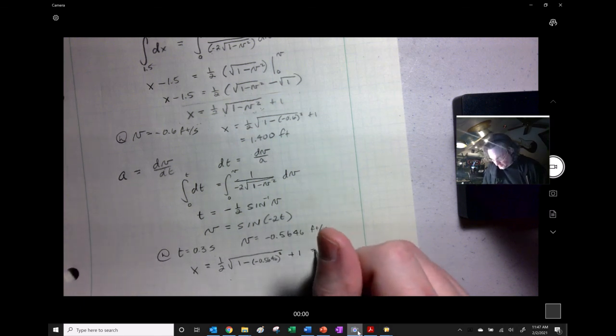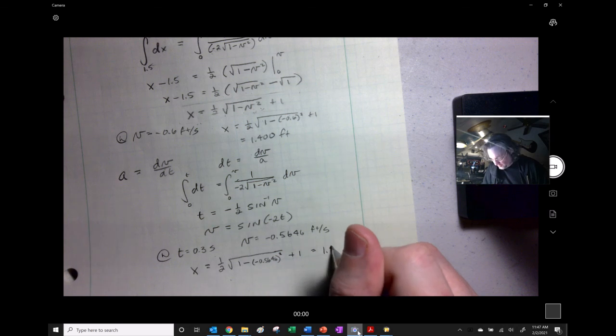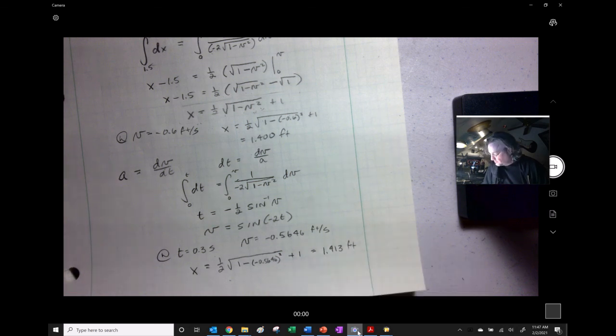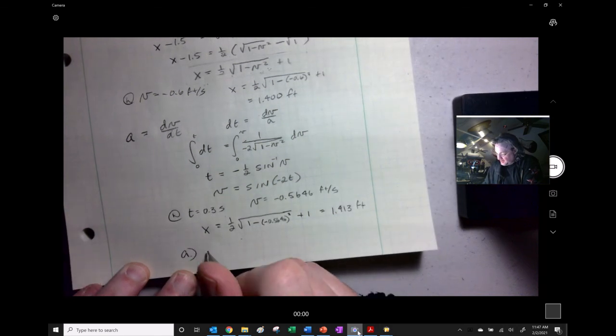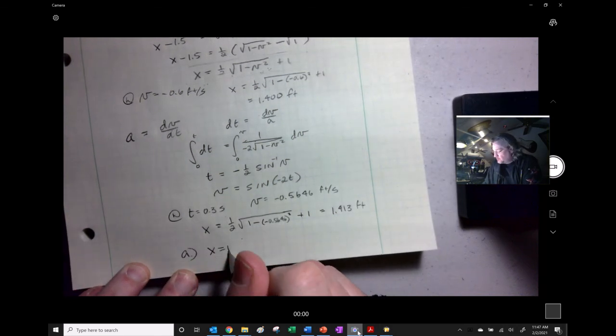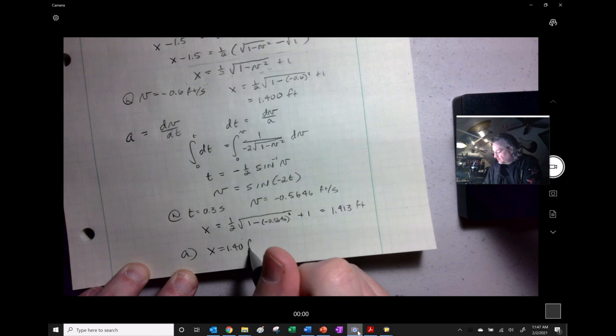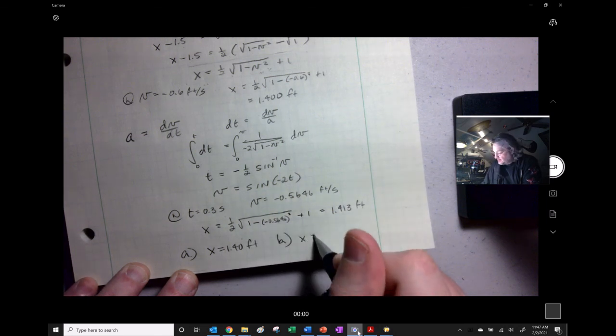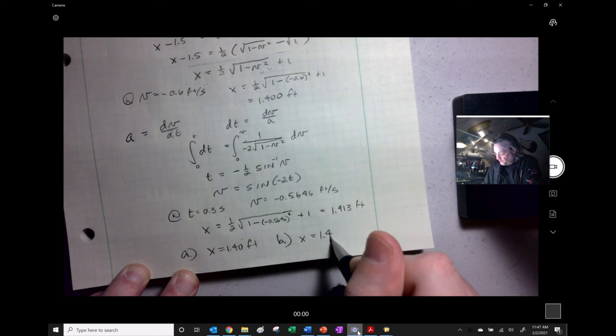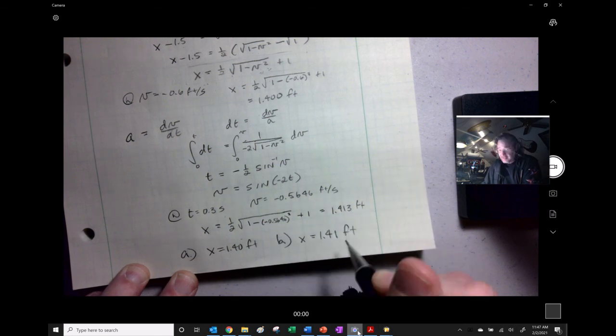So we end up with 1.413 feet. Okay, so the answer to part A is x equal to 1.4 feet, and B, x equal to 1.41 feet. That's not very exciting, is it?